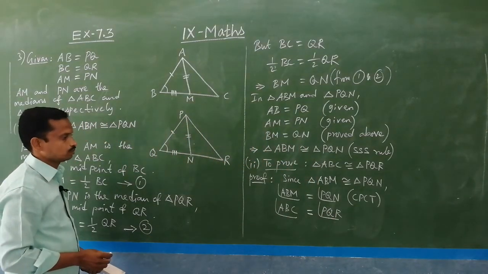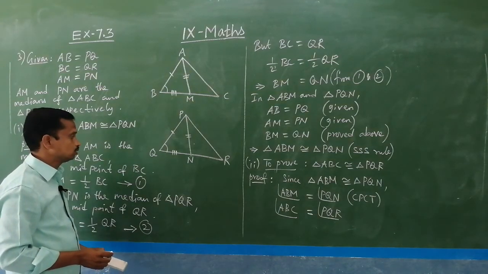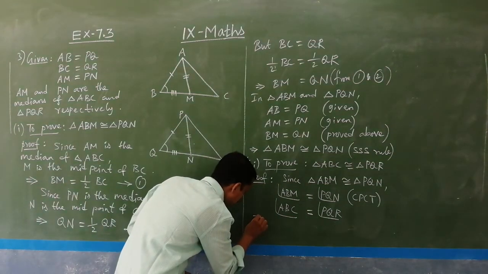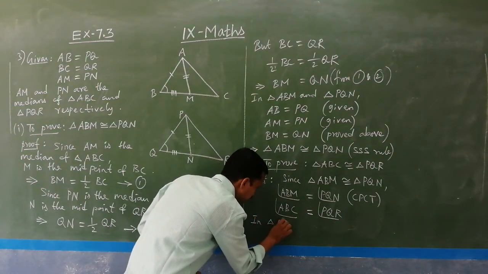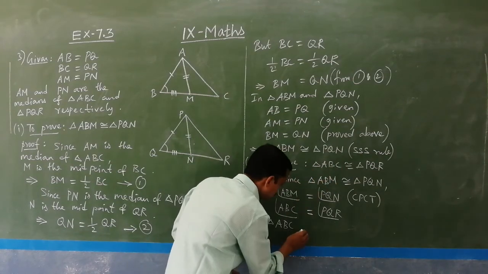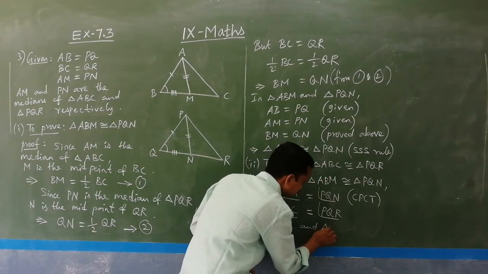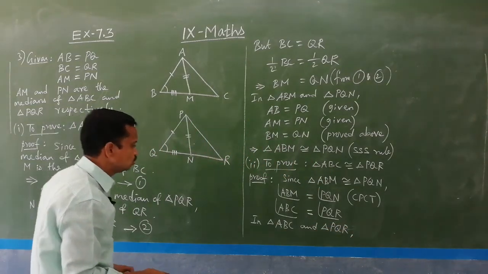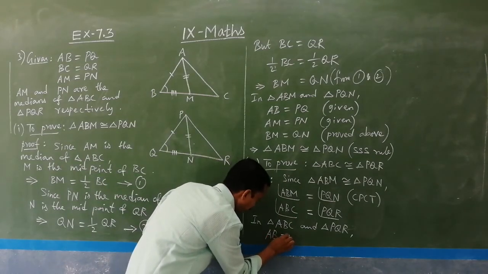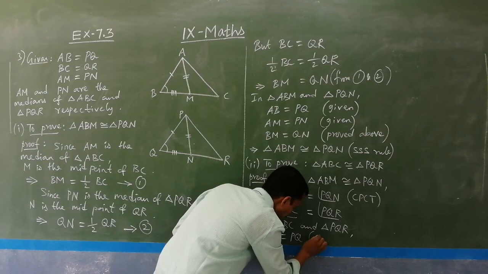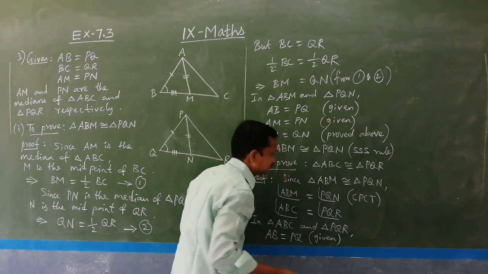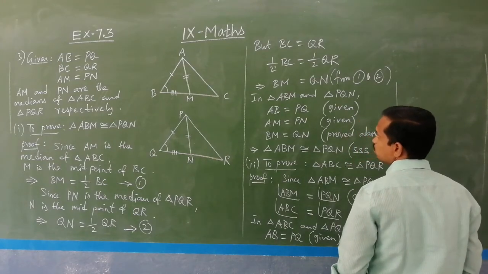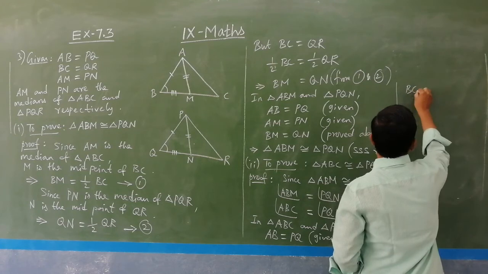So therefore, easily we got one pair of angles equal, and now you can write in triangle ABC and PQR. Now we can take these two triangles to prove they are congruent. What are the things we say? AB equal to PQ, given. The reason you have to write clearly: given. And the next, BC equal to QR, that is also given.